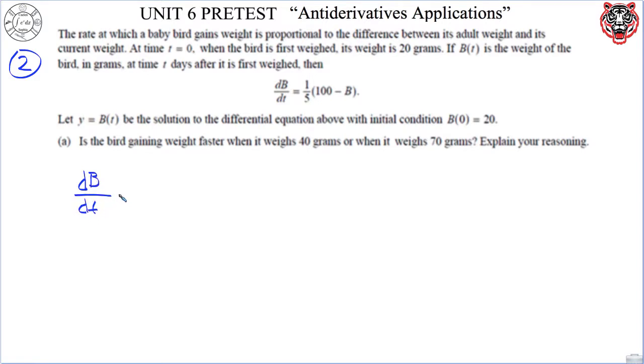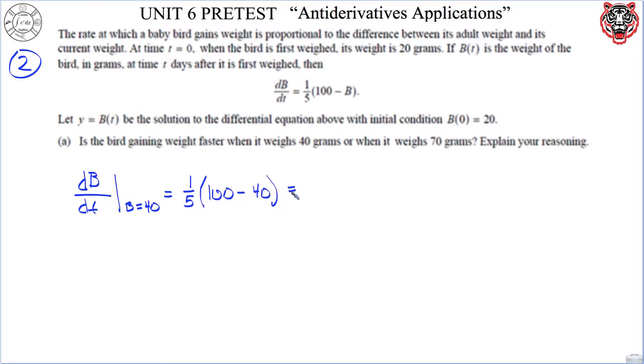dB/dt at the value of B equals, we'll do 40 first, that's going to be 1/5 of (100 minus 40), and that's going to be 100 minus 40 is 60. 60 times 1/5, that's going to be 12.